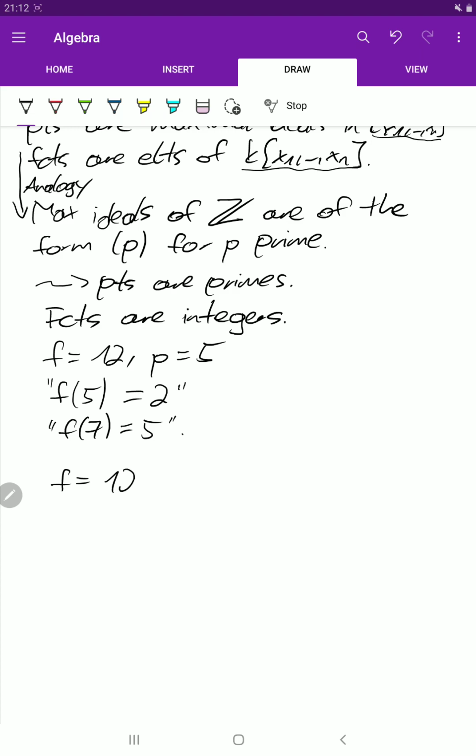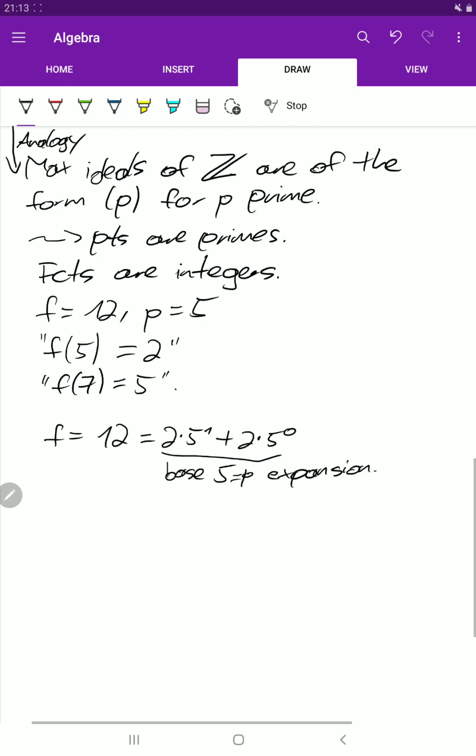So this is just 2 times 5 to the 1 plus 2 times 5 to the 0. So that gives us 12, and that's just the usual base p, in this case base 5 expansion.